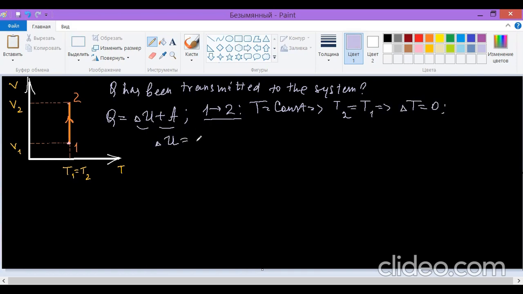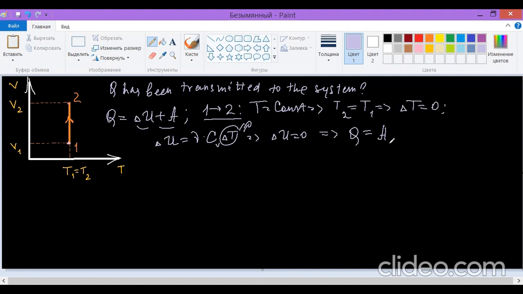It is equal to nu, the number of moles of ideal gas, times C_V, the heat capacity at constant volume, times delta T. If delta T equals 0, that means that delta U equals 0 too. And that means only one thing: the heat transmitted to the system goes to the expansion work done by the gas.